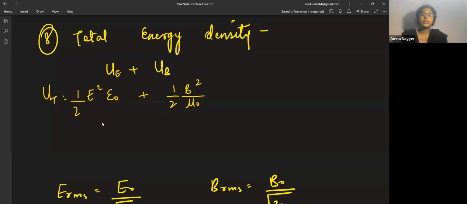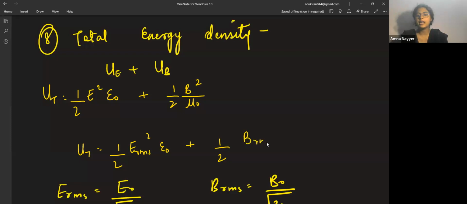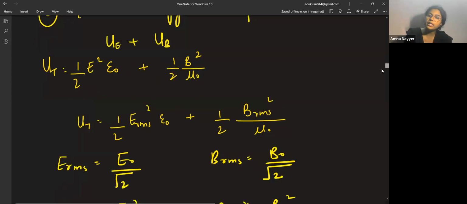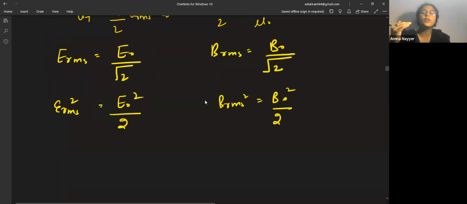So instead of writing this, I can write this as half ERMS square epsilon naught plus half BRMS square divided by mu naught. And what is the relation of ERMS with E naught? ERMS is E naught by root 2. Similarly, BRMS is also B naught by root 2. So what will their squares become? E naught square by 2, B naught square by 2.